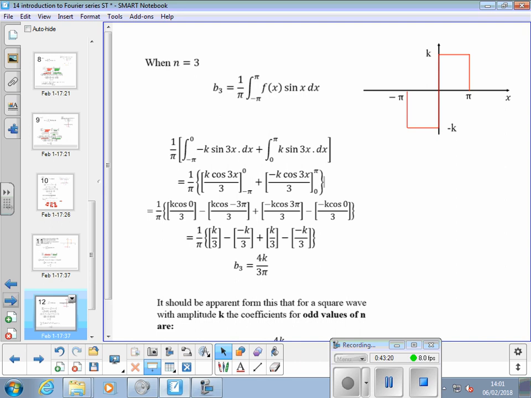So the amplitude is still just k on the top, but it's been divided by a factor of n, the harmonic number. So the amplitude is going to be reduced by a third for the third harmonic. So what's B5 going to be?